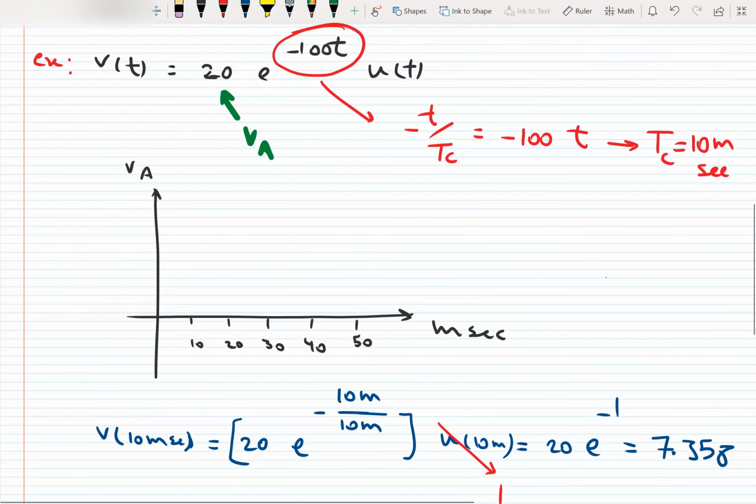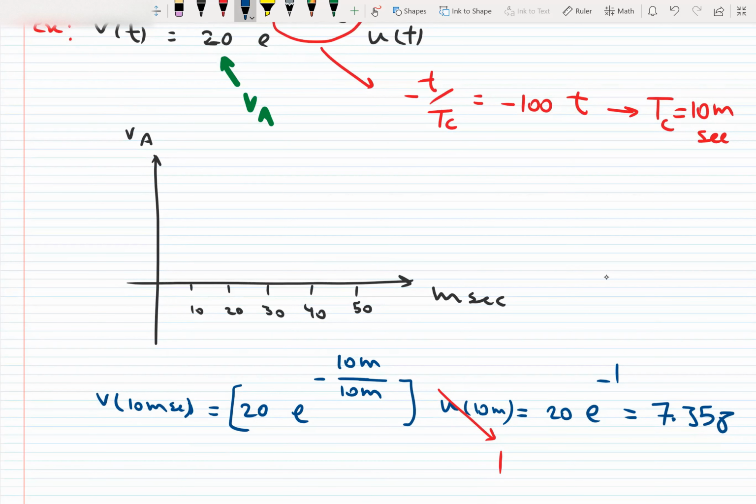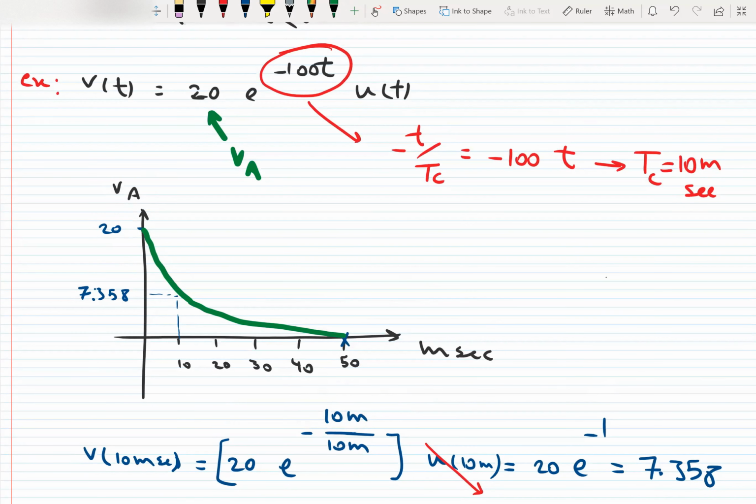So at 1 Tc, which is 10 milliseconds, we will have the amplitude of 7.358, and the initial signal value, of course, is 20. And after 5 Tc, we know that the signal practically reaches 0. So if we want to plot this signal, we need to plot it in this way. Okay, so this one is the graph of this equation.